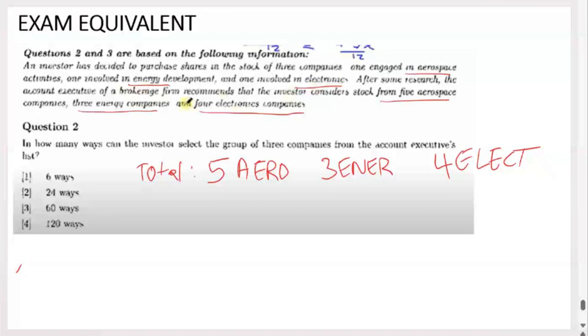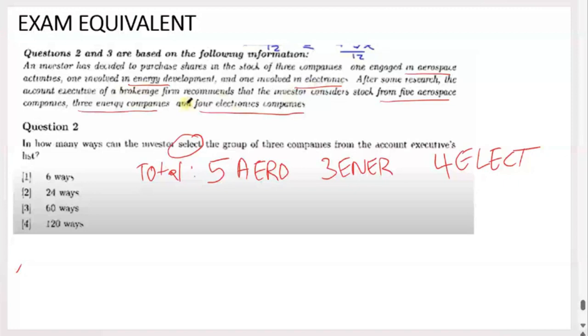The question is saying, in how many ways can an investor select a group of 3 companies from the account executive's list? Already you see select. It is not talking about order, that this one must be first.